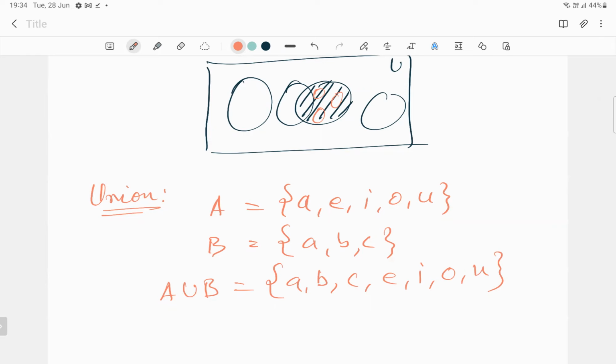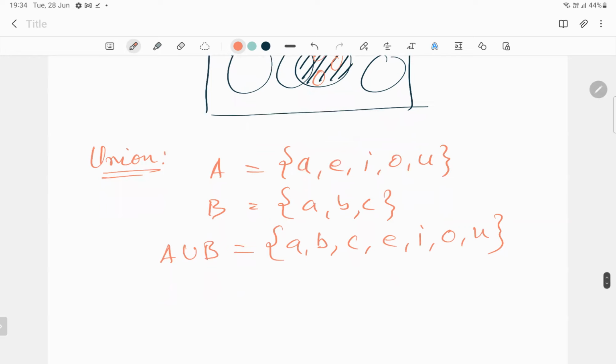That is A union B: all the elements of set A plus all the elements of set B, writing the common elements only once. All right. Understood? Is there any problem in understanding?